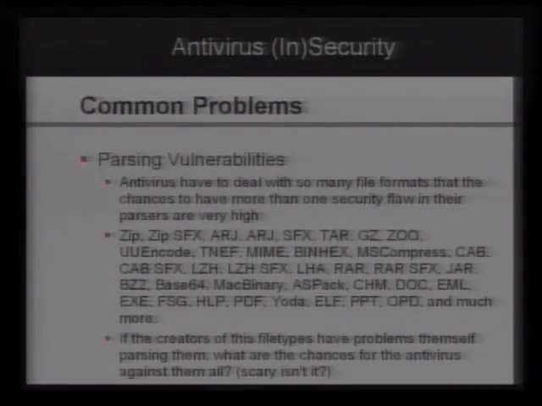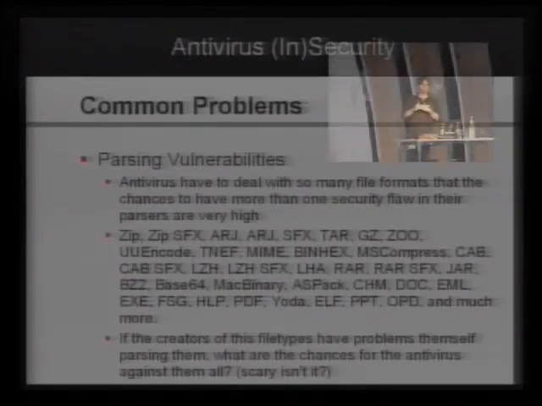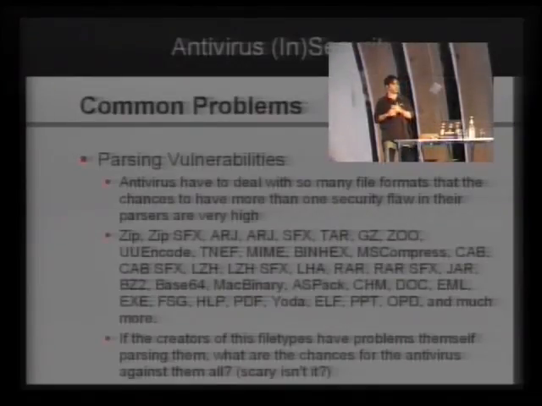So my question basically is how the antivirus is going to be able to handle them all when the guys that do the compressions they are using inside are not able to, and they have a lot of problems themselves. And okay, this looked really, really scary. And when you start testing this, it becomes even scarier.